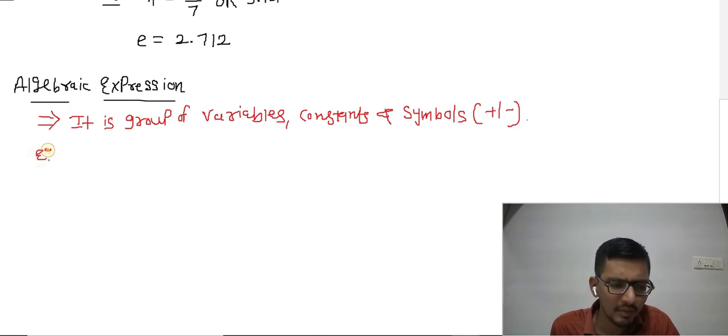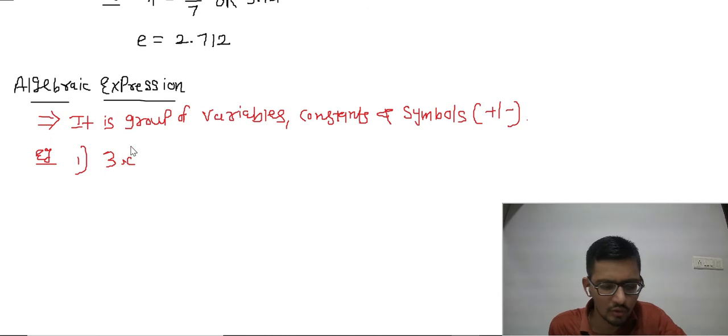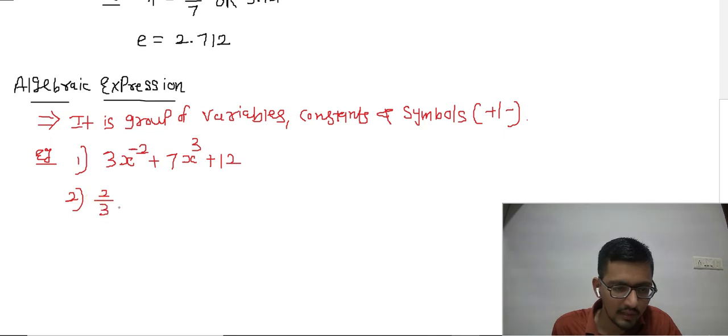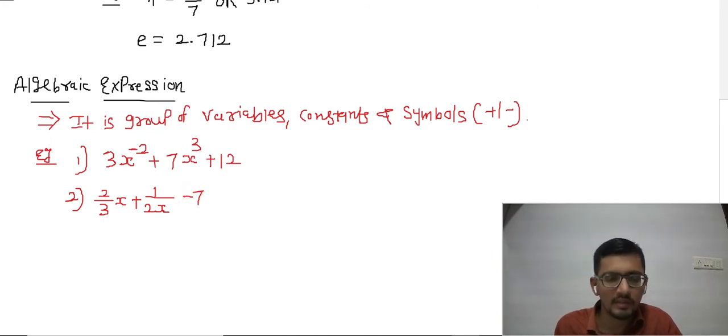They just told it is a group of variables, constants and symbols. Means any example you can write. Okay, if I'm writing 3x raised to minus 2, 7x raised to 3 plus 12, this is called an algebraic expression. Second, 2 by 3x plus 1 by 2x minus 7, this is called an algebraic expression.